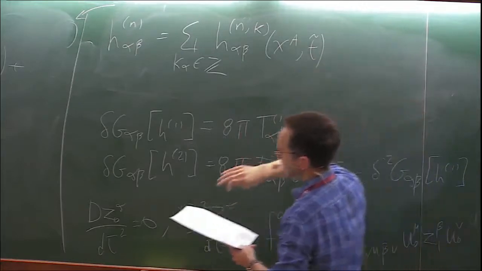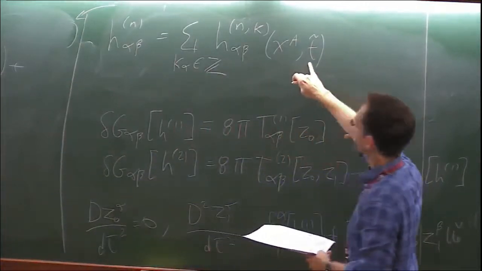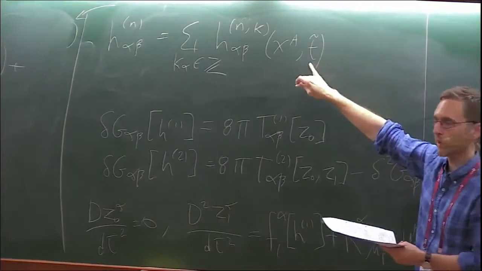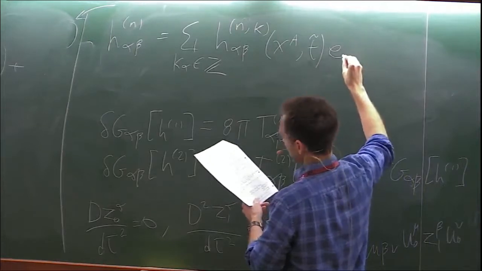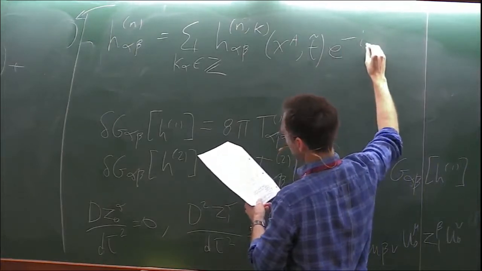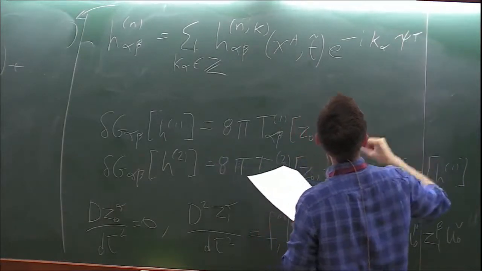Here I'm dropping the explicit dependence on J0 and just absorbing that into whatever the full slow time dependence is. So slowly evolving amplitudes with a phase factor e to the minus I k alpha psi alpha.